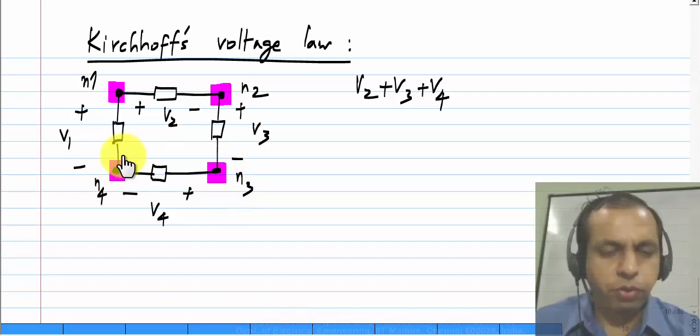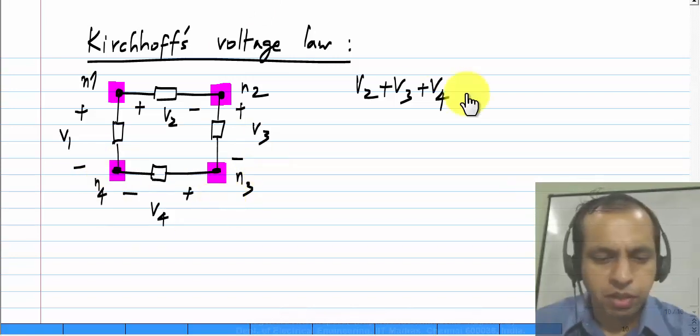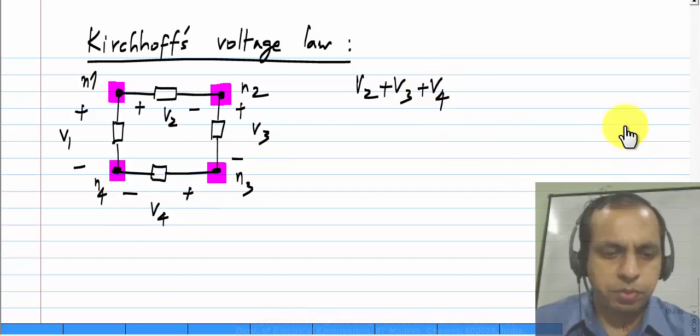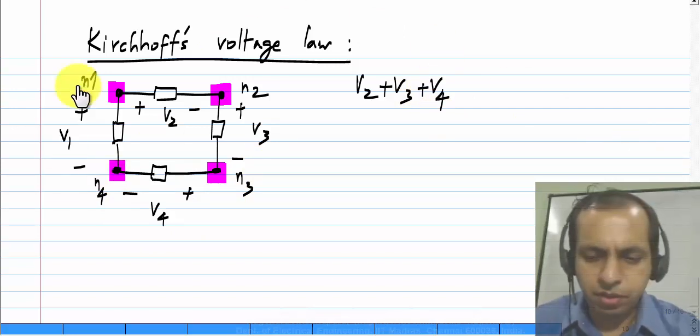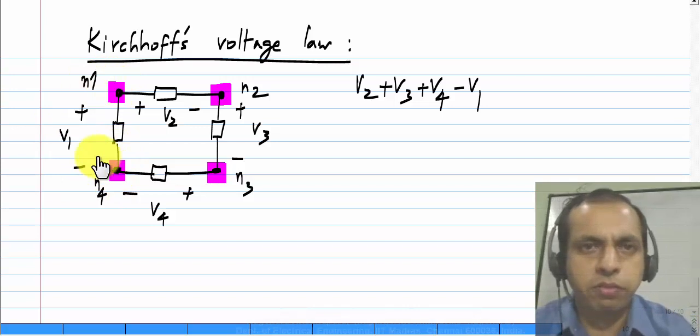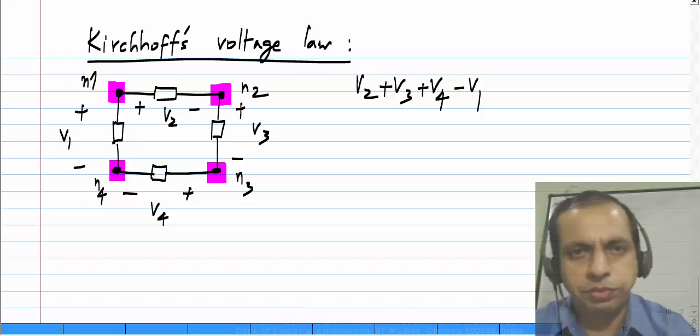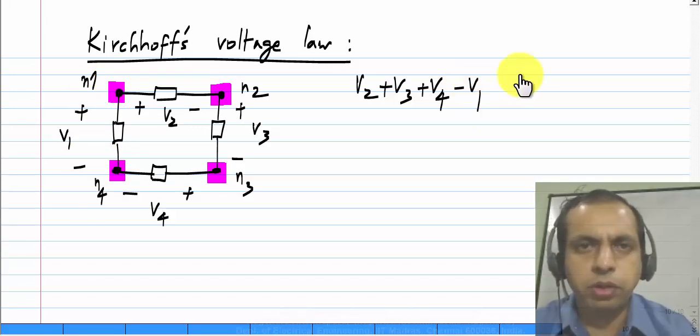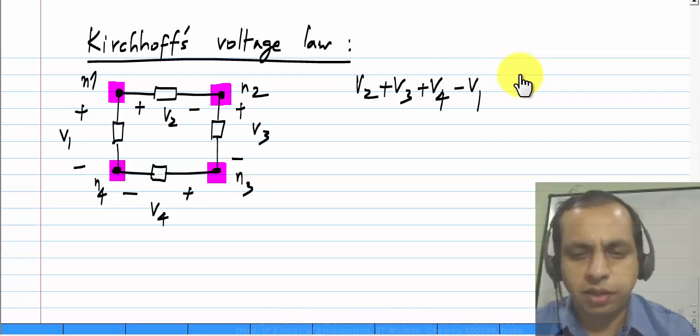So, when you go from N4 to N1, the voltage rises by V1, which is the same as saying the voltage falls by minus V1. This is the reason I emphasized earlier that you can think of N1 as being above N4 by V1 or below N4 by minus V1. You will need to be comfortable with these conventions in order to apply the rules correctly.